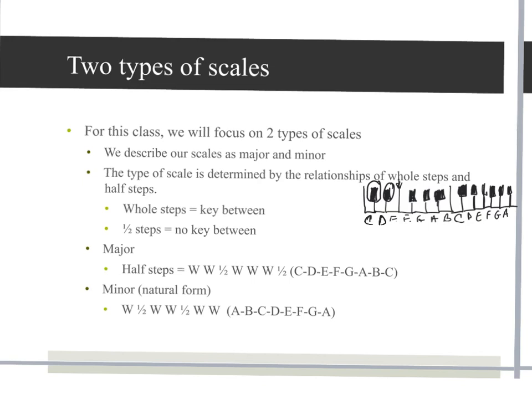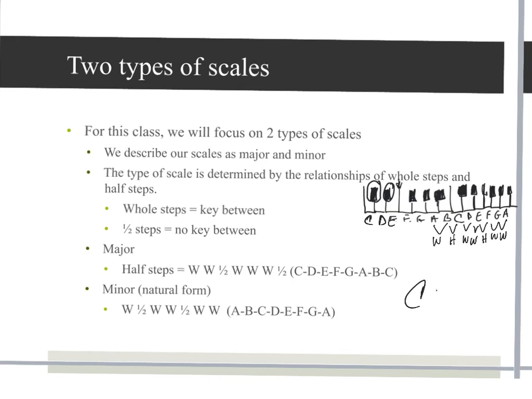So here's C, D, E, F, G. Okay, so now the natural minor scale, a white key one, would be going from A to B, which is a whole step, half step, whole, whole, half, whole, and whole. Okay, so that's the white key minor scale.